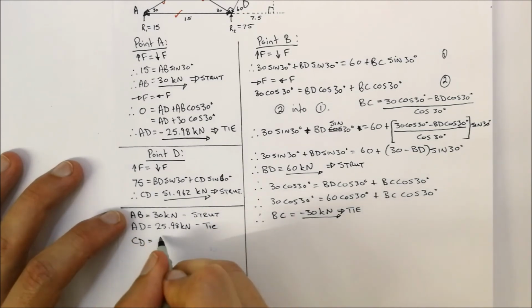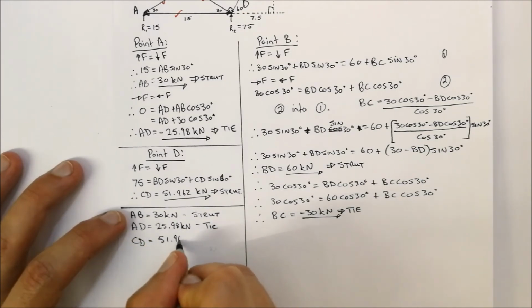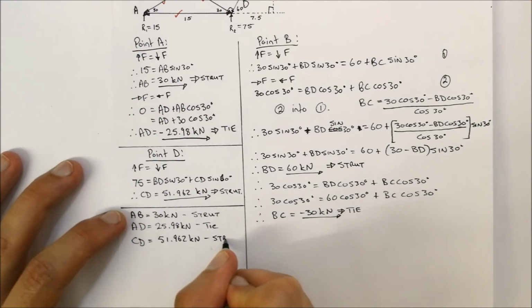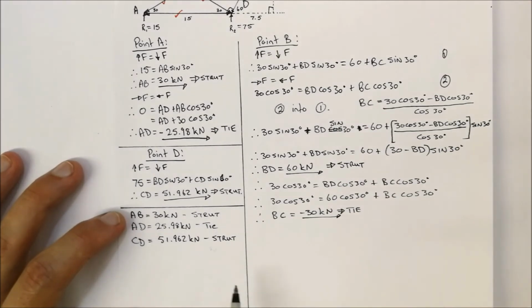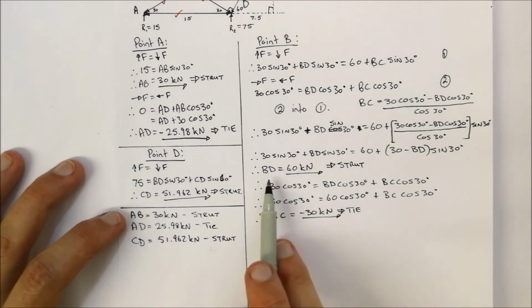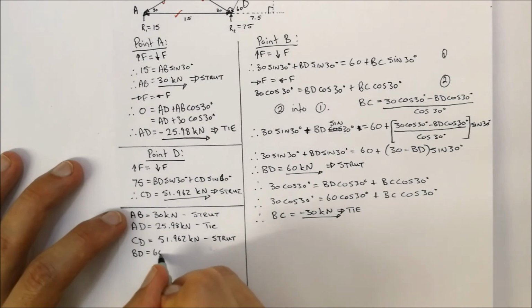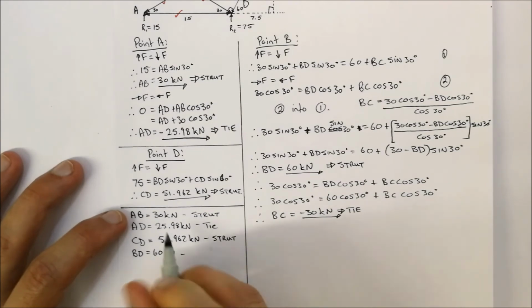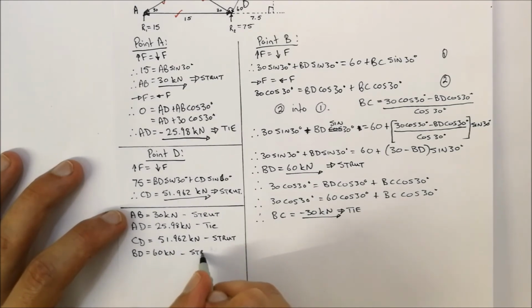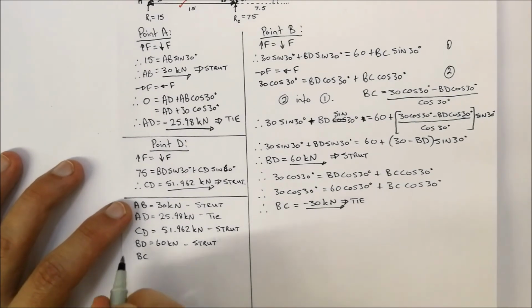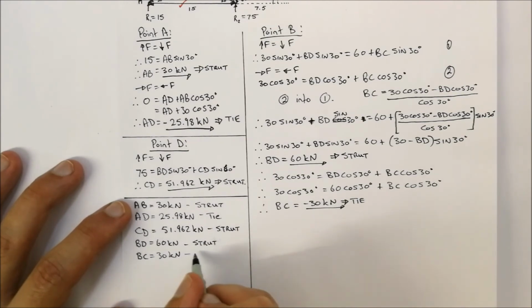CD is equal to 51.962 kilonewtons, and it's a strut. Then we've got BD. BD is equal to 60 kilonewtons, and it's a strut. And then we've got BC, which is equal to 30 kilonewtons, and it is a tie.